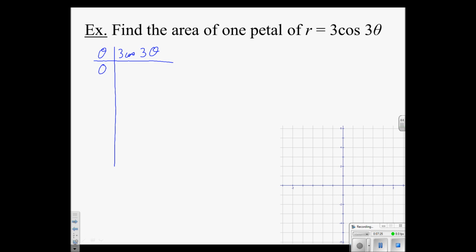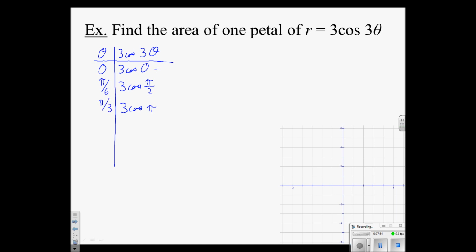To make the inside pi over 2, theta would have to be pi over 6. The first case would be 3 cosine of 0. 3 cosine of, well, 3 times pi over 6 is pi over 2. And if I want the next one to say 3 cosine pi, to get a pi on the inside, I'm going to need theta to be pi over 3.